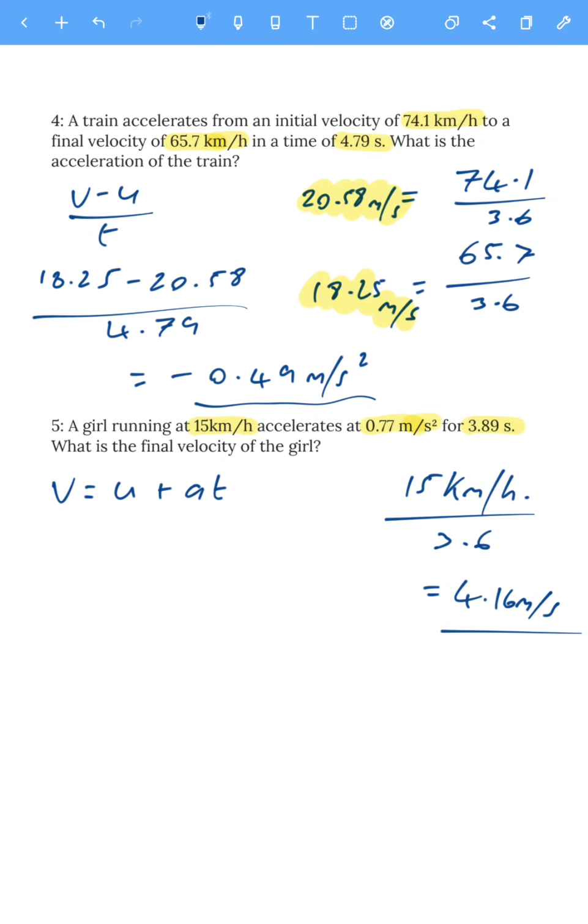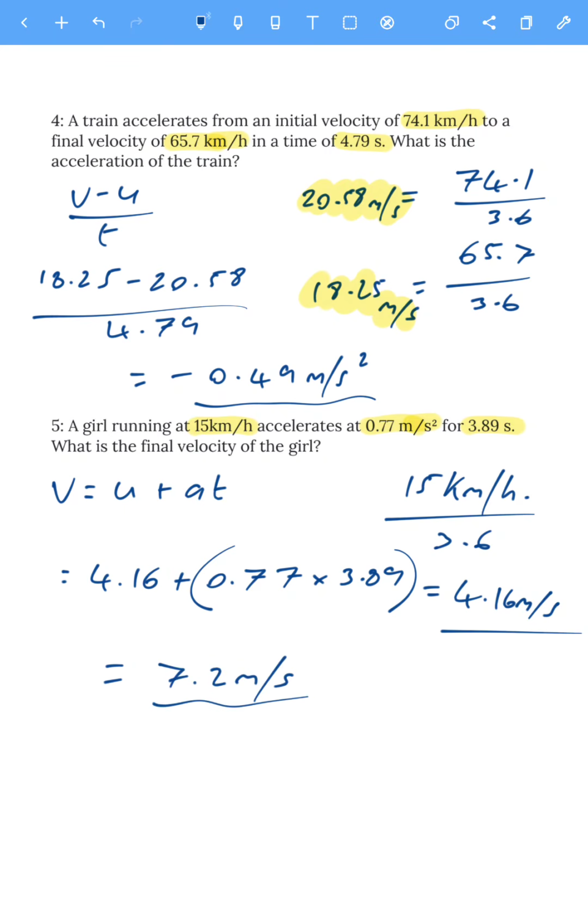And then just put them numbers into the calculation. So initial velocity, 4.16 plus acceleration, 0.77, times the time, 3.89. Put that in your calculator. And that gives us 7.2 meters per second.